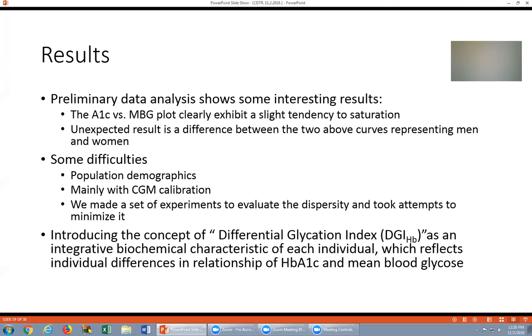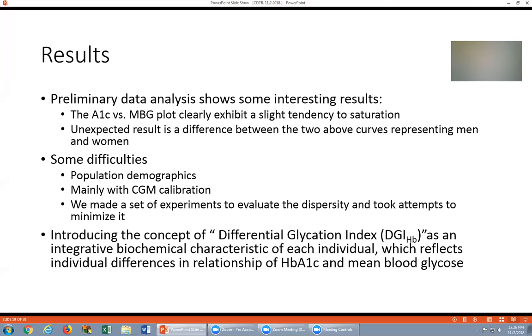So as there is saturation, there may be a difference that we are probably not taking into account when we are looking at A1Cs and the long-term risk of complications. There was also an unexpected difference in men and women. We were not able to look at the racial differences because we did not have enough diversity, but we did have a slight tendency towards male and female.